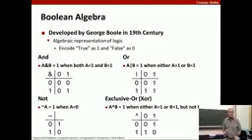So just as a bit of history, it was a master's degree student at MIT named Claude Shannon, who had taken a course in logic as an undergraduate at University of Michigan.